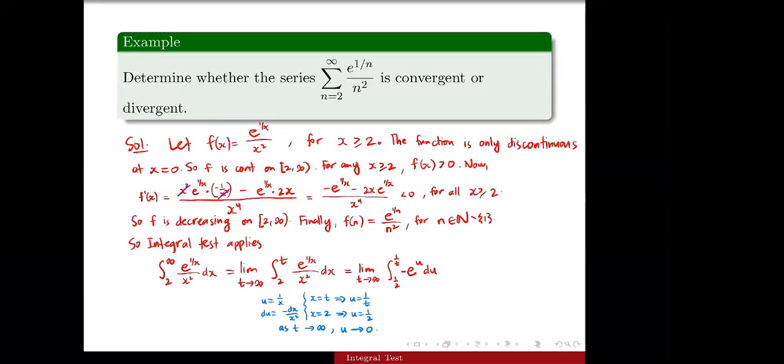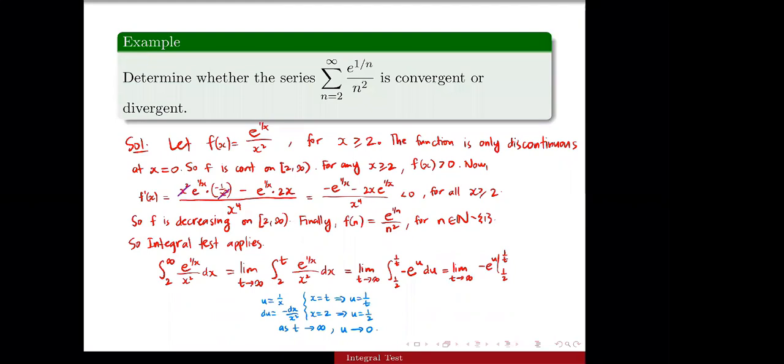Okay? So evaluating the definite integral, we'll just have the limit as t approaches plus infinity of negative e to the u evaluated from 1/2 up to 1 over t.